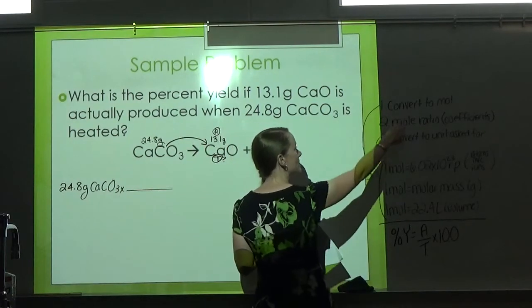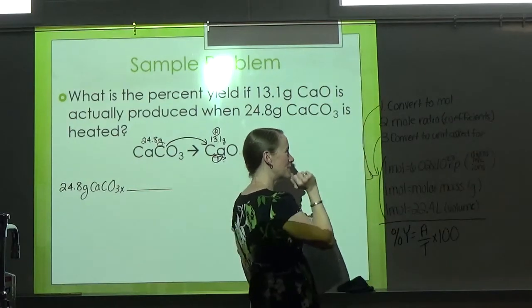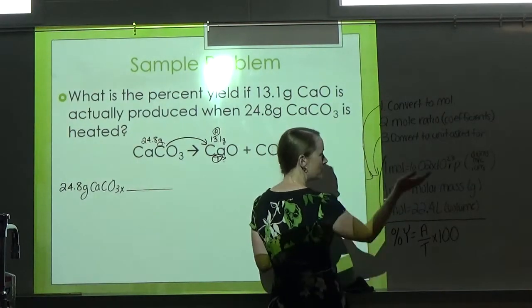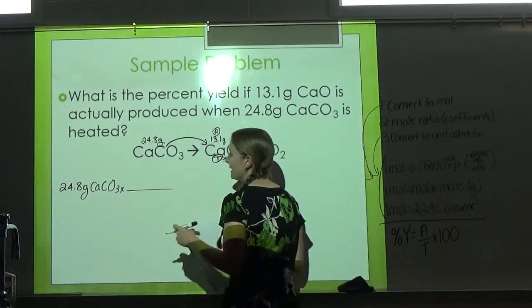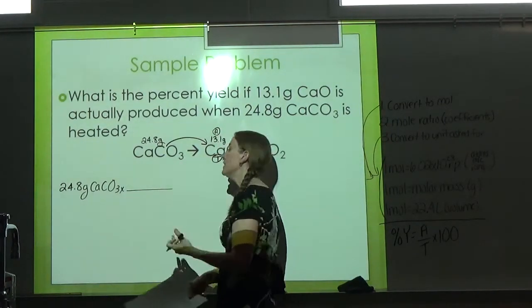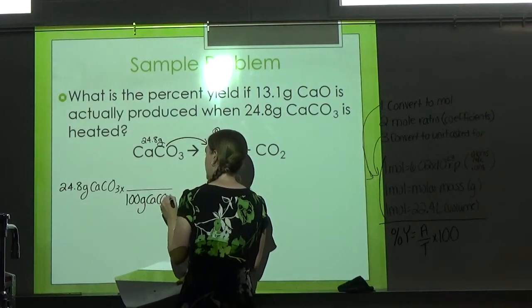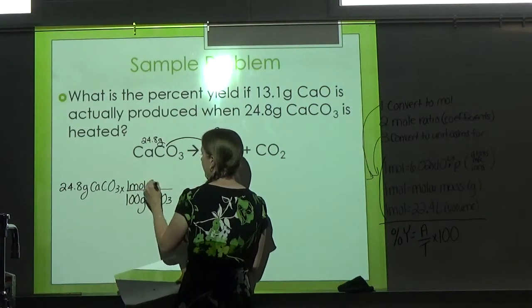Step 1, of course, is to convert to moles. Yep, we're going back to our good old friend, the 3-step stoichiometry problem. Convert to moles. Since I have grams, I'm going to use molar mass. When you add up calcium carbonate, you should get about 100 grams per mole. So since grams is on top, I put my 100 grams on bottom and my 1 mole on top.